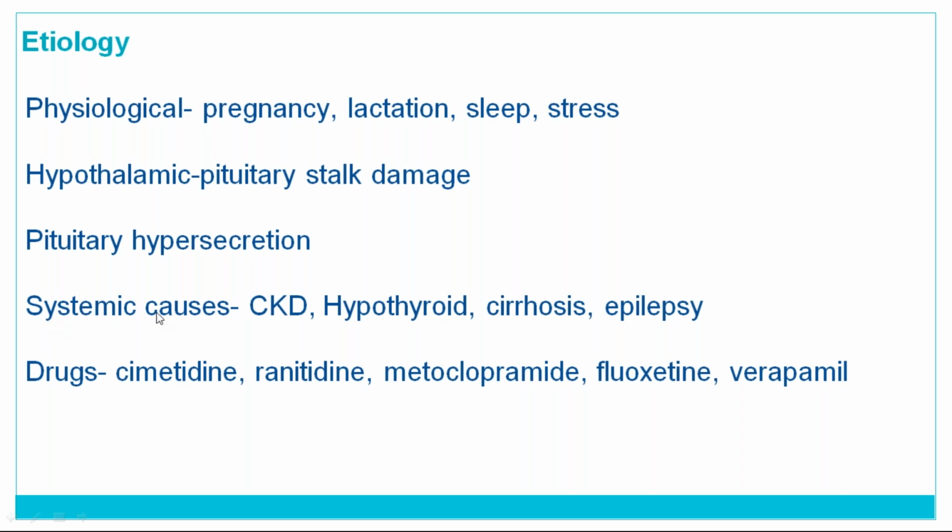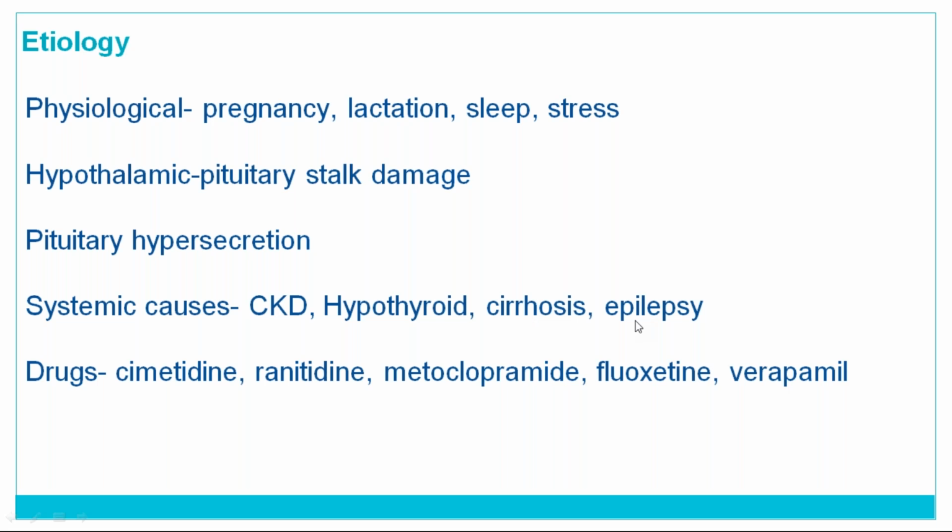So other systemic causes are also there, like CKD, hypothyroidism, cirrhosis, and epilepsy. Why hypothyroidism? We have discussed that TRH, thyrotropin releasing hormone, will cause increased production of prolactin also.